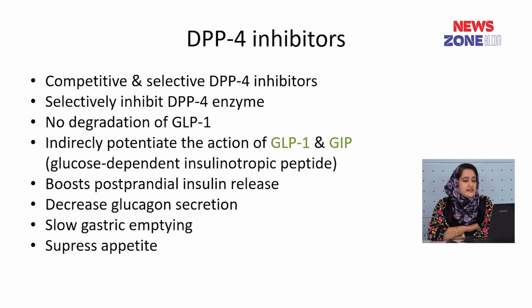In my previous slide, I said that GLP-1 is an incretin that is released from the gut. They indirectly potentiate the action of GLP-1, boost postprandial insulin release, decrease glucagon secretion, slow gastric emptying and suppress appetite.